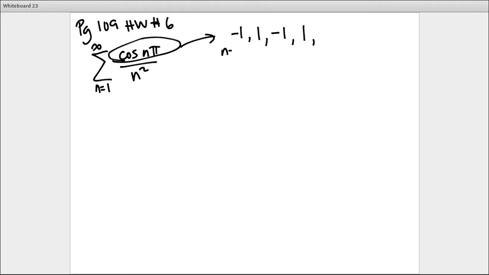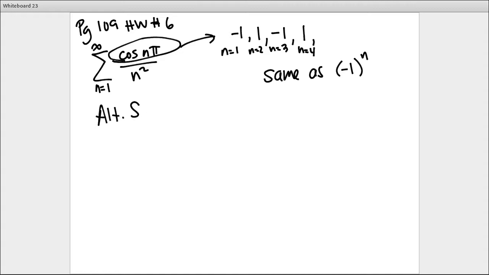When n is 3, you would have negative 1. When n is 4, you're going to have positive 1. So it's the same thing as negative 1 to the nth power. Just a fancier way to write it, right? So that makes this guy definitely an alternating series.